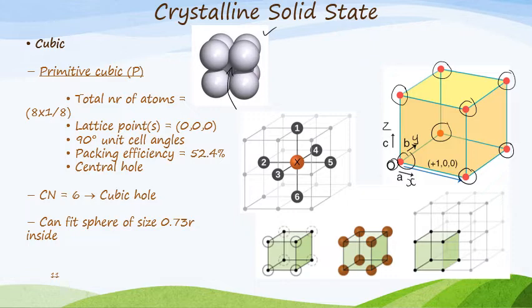Inside this hole, we can fit a sphere that is 0.73 times the radius. So that's what a primitive cubic cell looks like.